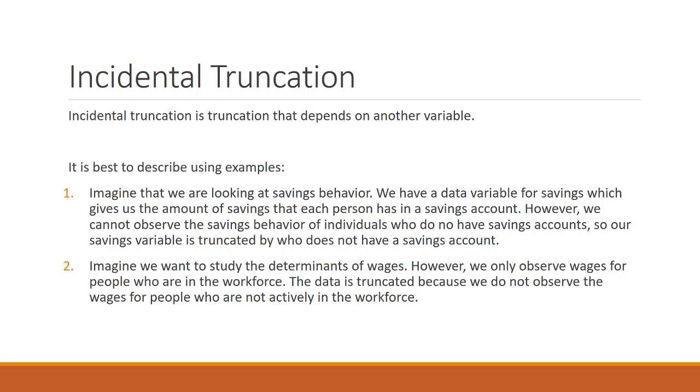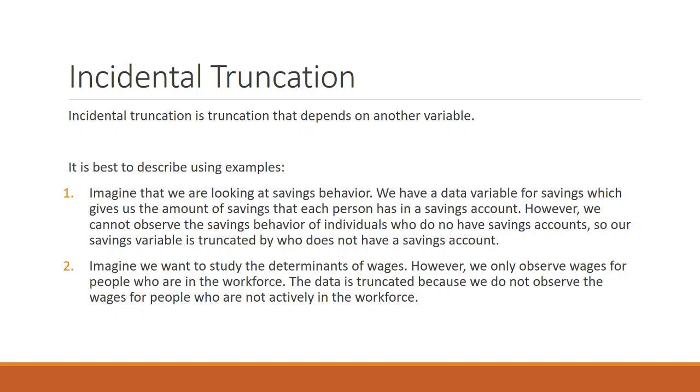That means we're not able to observe the amount of money that people would make if they were in the workforce. We're not able to observe the wage information for people who are not in the workforce. We're not able to observe the wages that people would have earned if they were in the workforce.